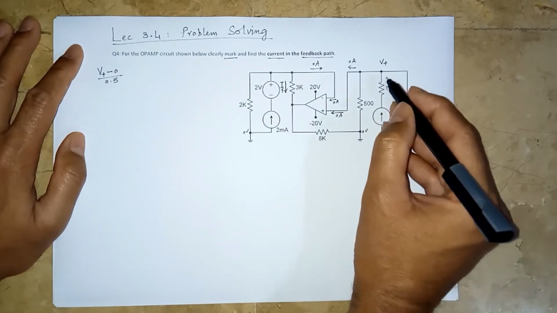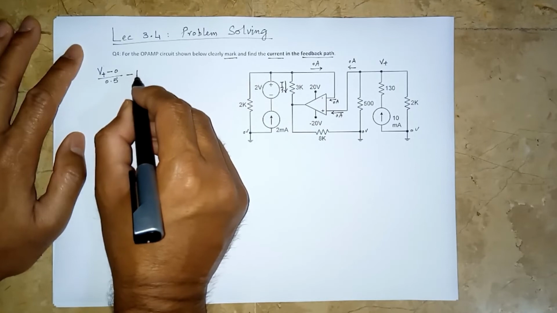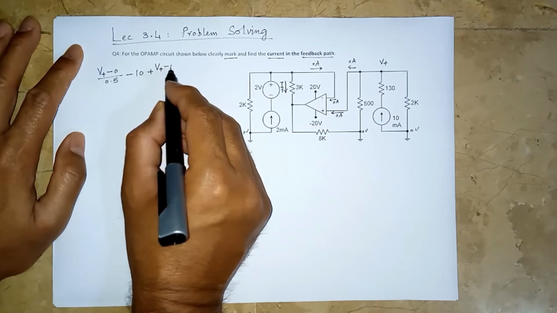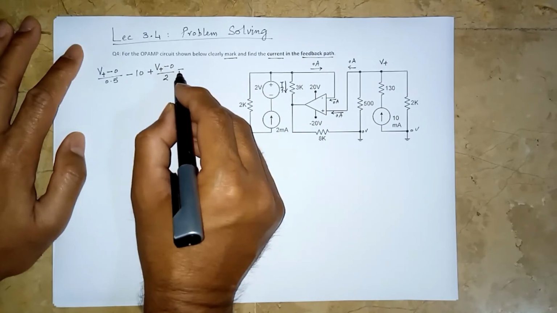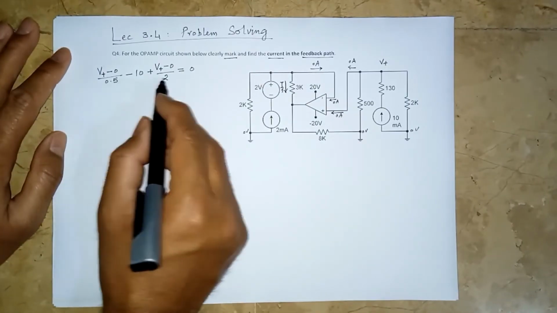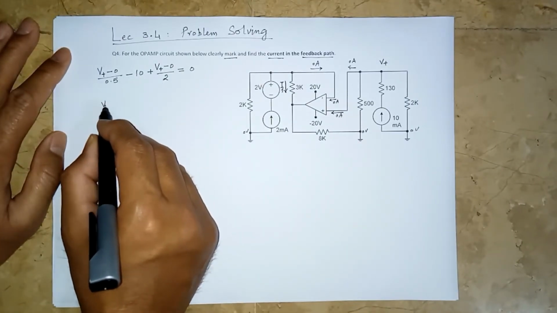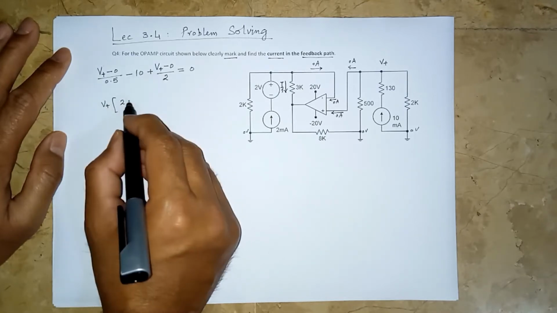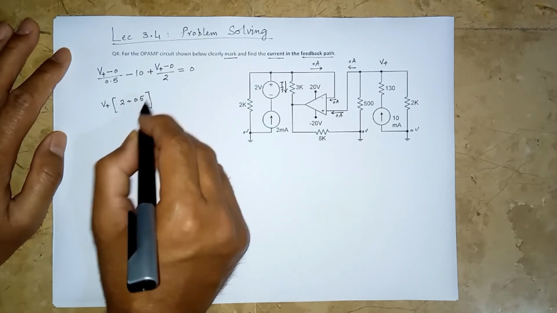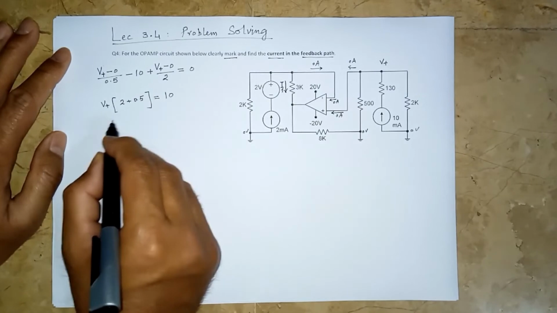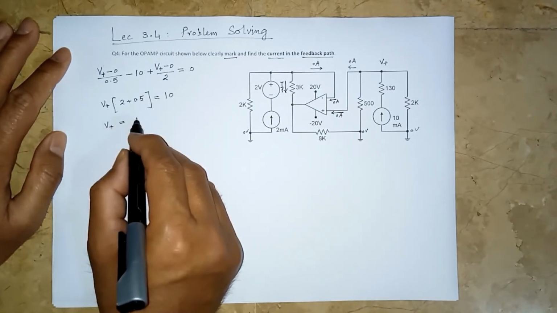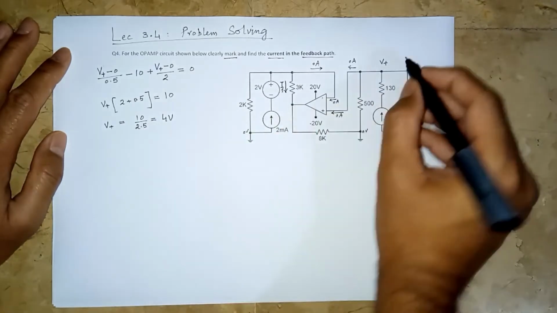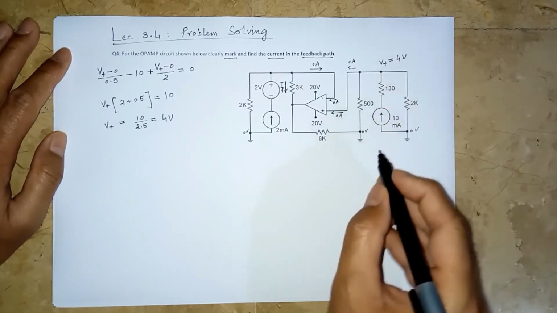And we know this current is 10 milliampere, so minus 10, and then plus (V plus minus 0) over 2 is equal to 0. It's simple, one equation, one unknown. We can solve it to find V plus: 1 over 0.5 is 2, 1 over 2 is 0.5, minus 10 goes to the other side, it's 10, and V plus is equal to 10 divided by 2.5, which is 4 volts. So we know this is at 4 volts.